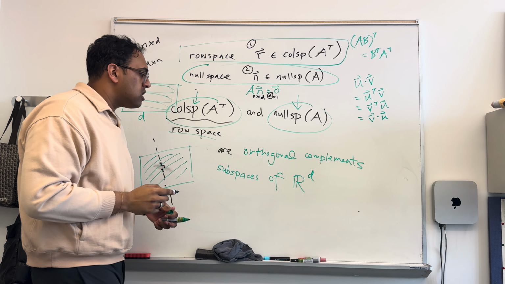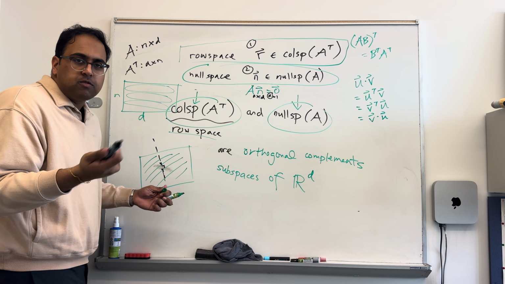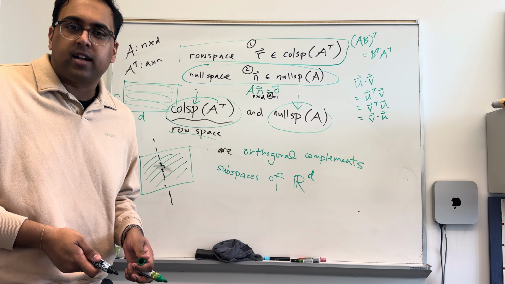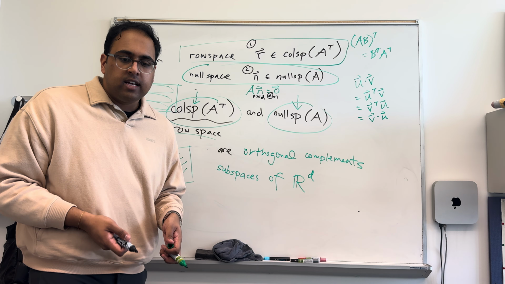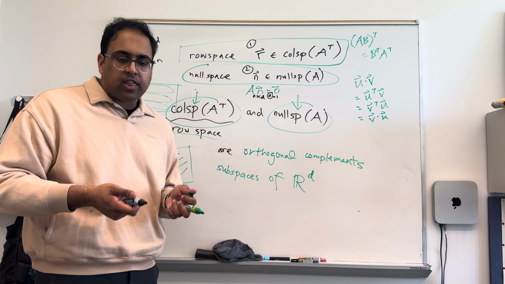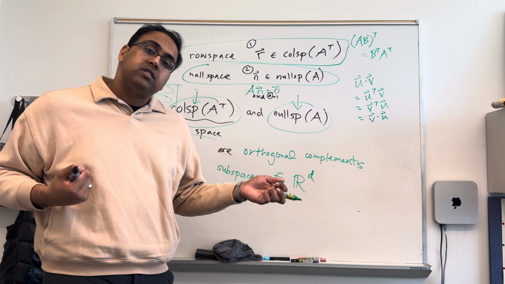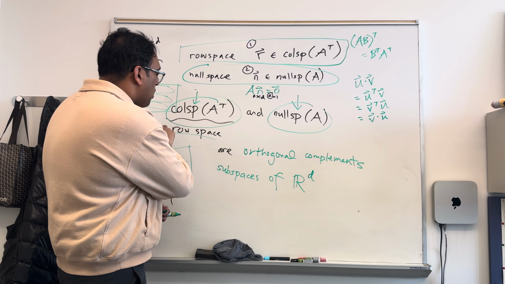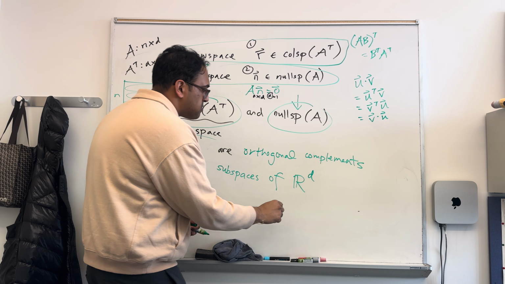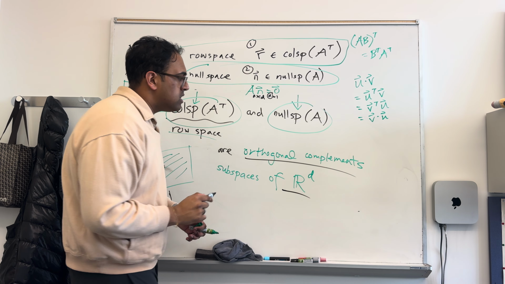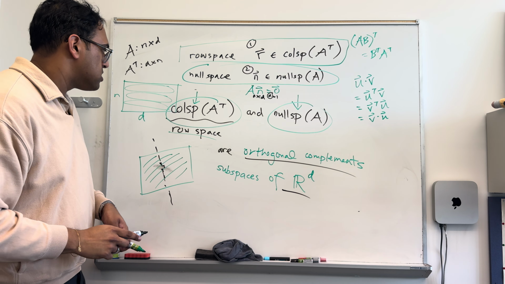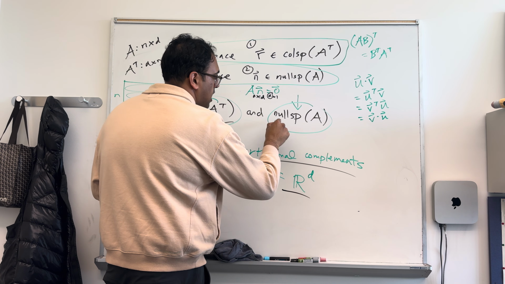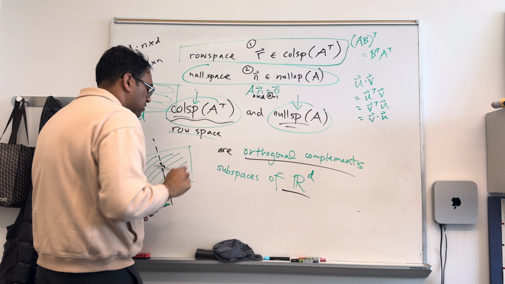So things in the null space are also in Rd, which is why we were able to take their dot product in the first place, right? You need to ensure the vectors you're working with live in the same universe, i.e. have the same number of components before you can dot them in the first place. So the row space and the null space, both are subspaces of Rd, and what we've shown now is that they are orthogonal complements to one another. Anything here is orthogonal to everything here, and vice versa.